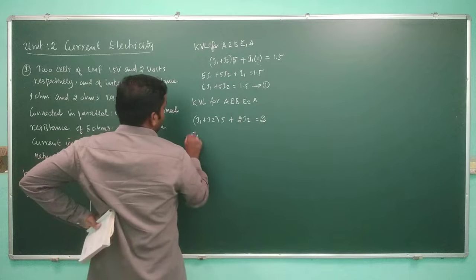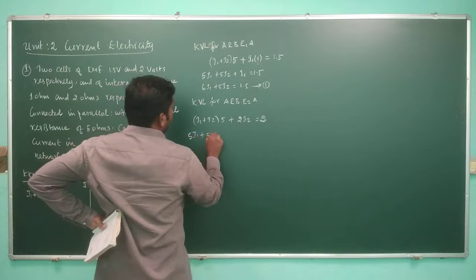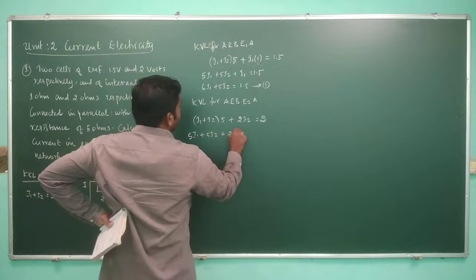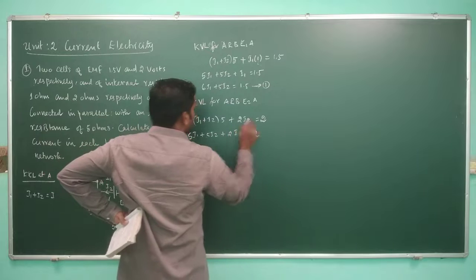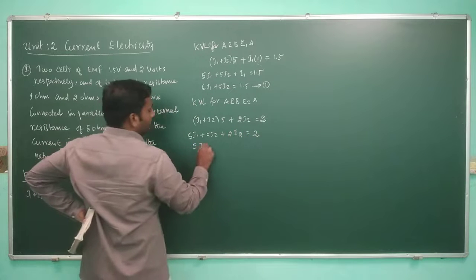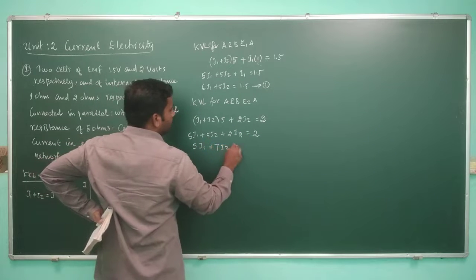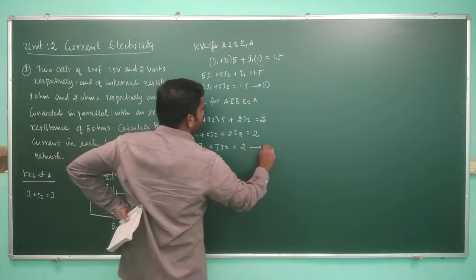Now this becomes 5I1 plus 5I2 plus 2I2 equal to 2. So 5I1 plus 7I2 equal to 2. This is equation number 2.